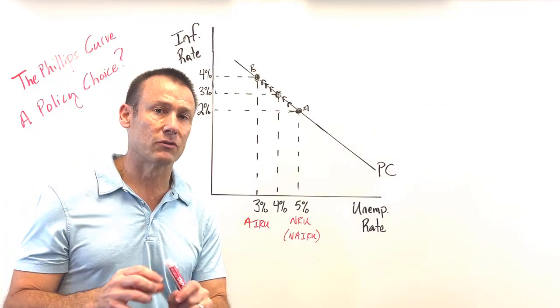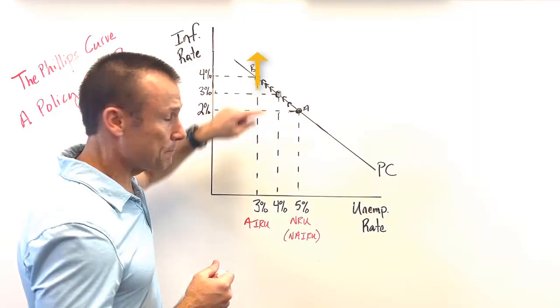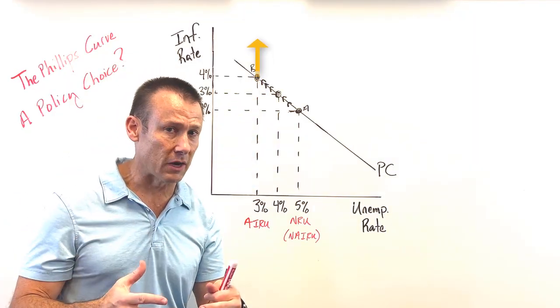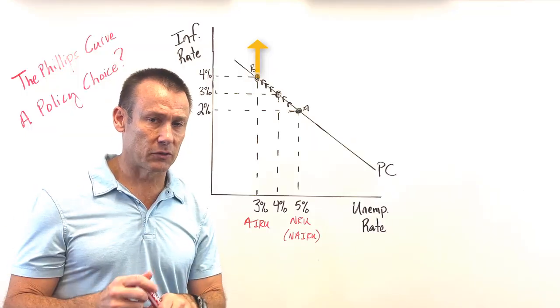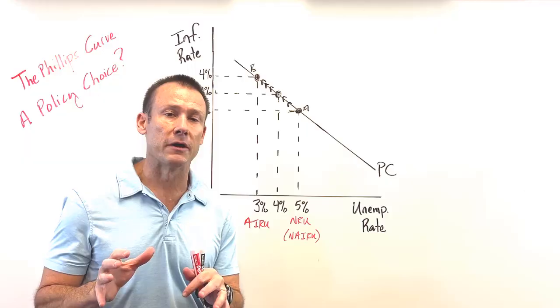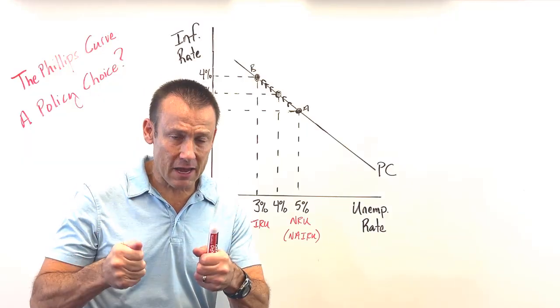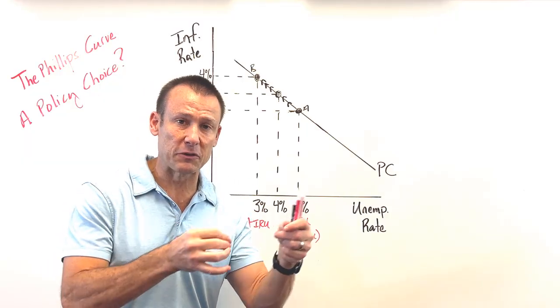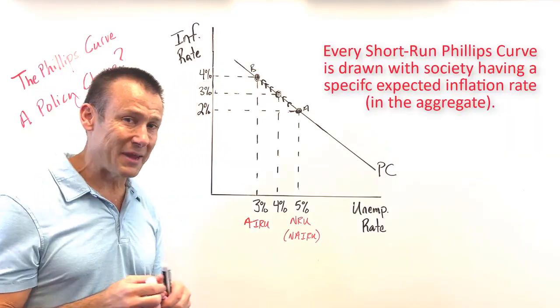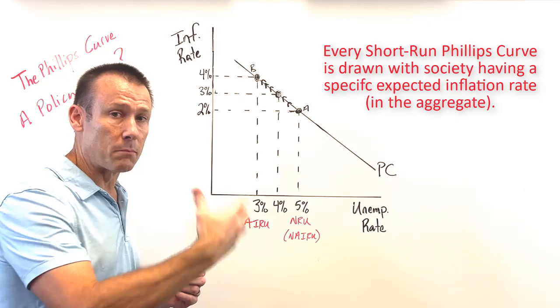And here is the reason, guys. As we sit at B, our inflationary expectations are going to adjust. Now, let's pause for a second. Every Phillips curve out there is drawn based on us having some type of inflationary expectation, some specific inflationary expectations. So to make this more clear, let me get this more modern now.